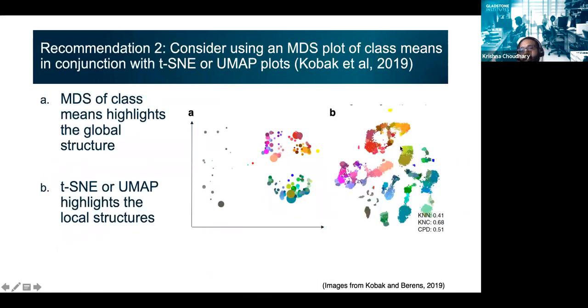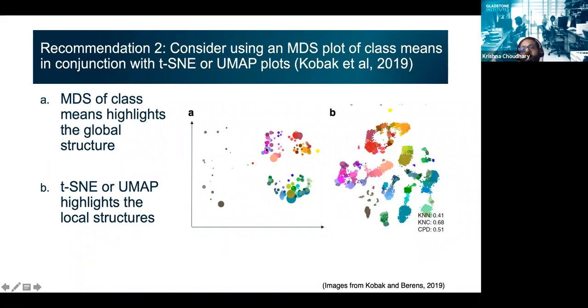Another recommendation, in addition to the UMAP plots, is that you can also have another plot, such as an MDS plot of the cluster centers. So alongside the UMAP plot, where each point is a cell, you can have another plot which is called an MDS plot.